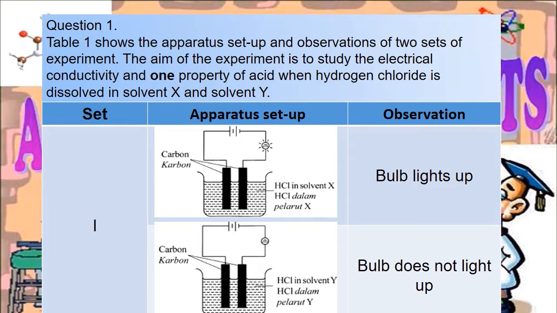In picture 2, hydrogen chloride in solvent Y. The observation is the bulb does not light up.